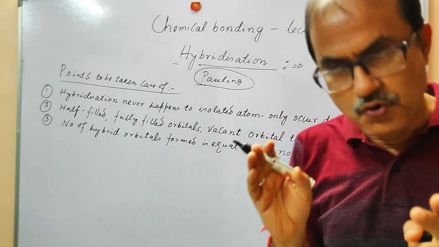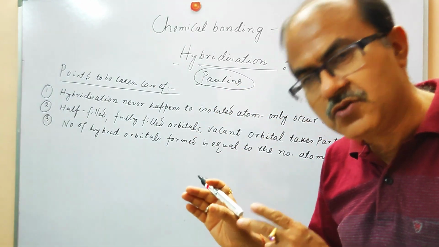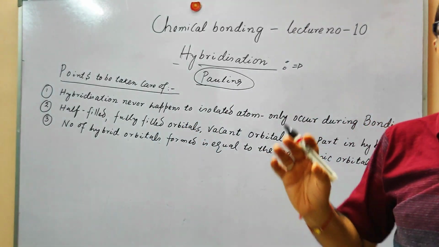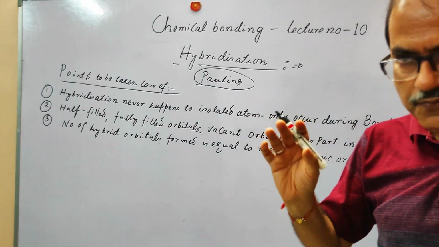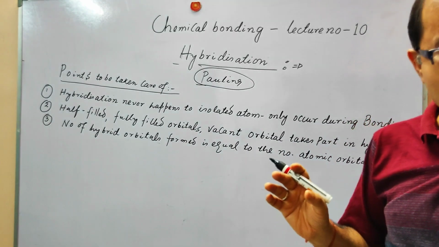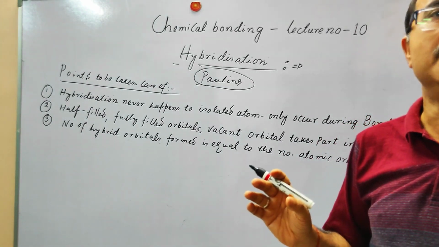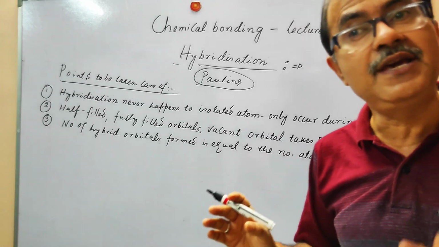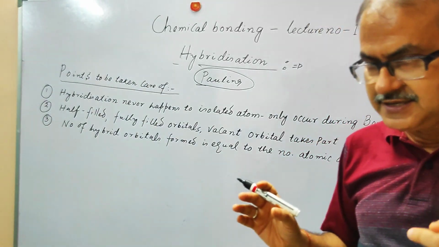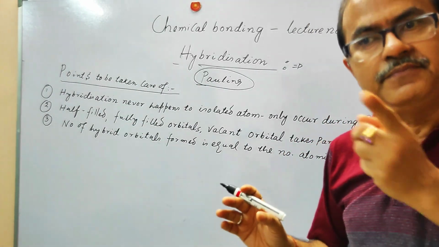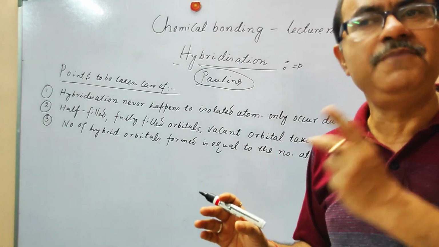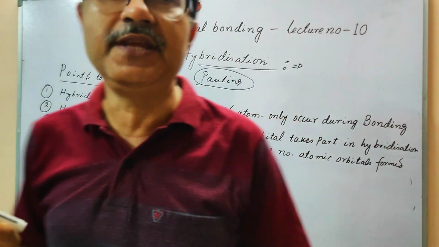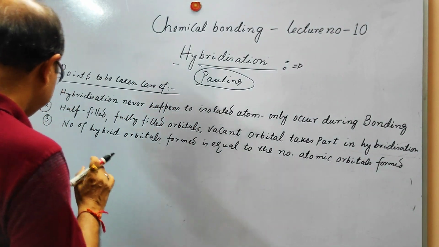That is 4 atomic orbitals mixed, so it will produce 4 hybrid orbitals, and these 4 hybrid orbitals are named sp3 hybrid orbitals. s means one s, p3 means three p, a total of 4 orbitals, and the name is sp3 hybrid orbitals.